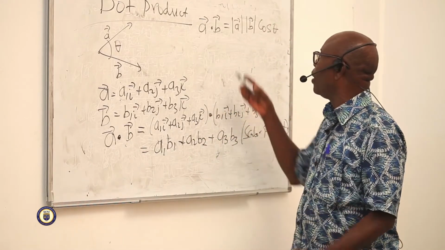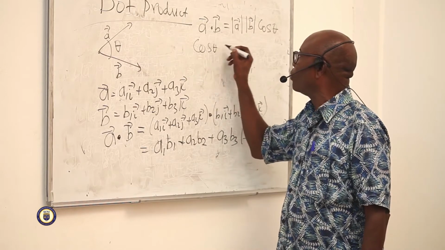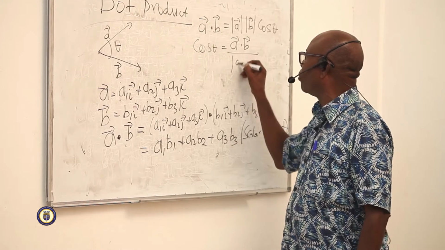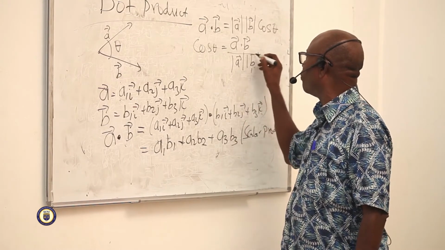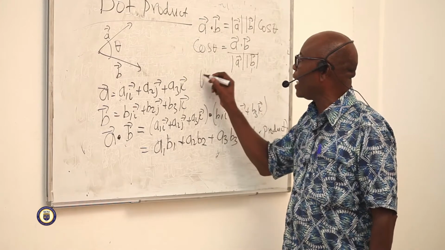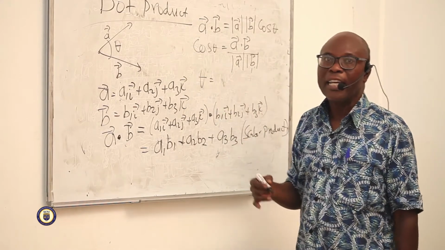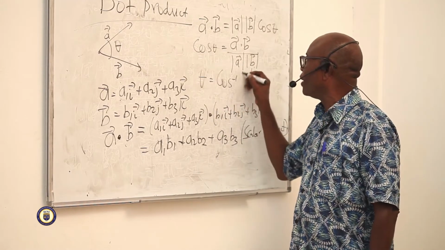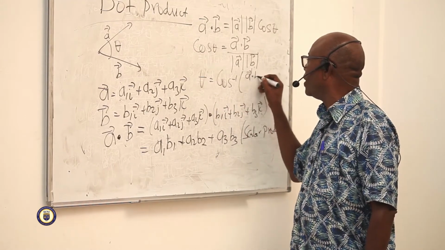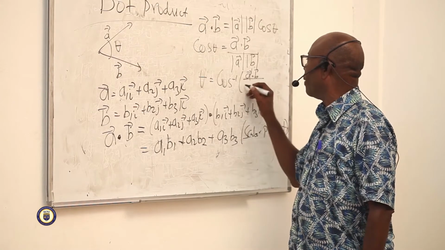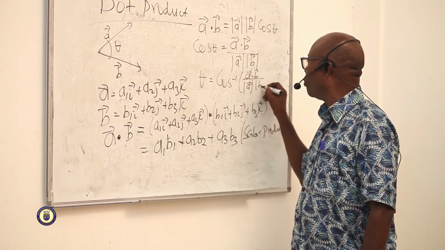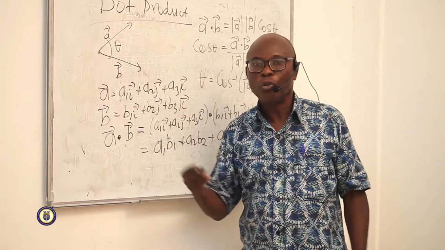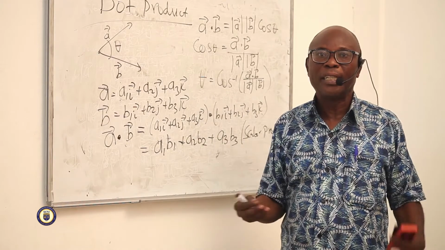From here, cos theta is given as A dot B, all divided by the absolute value of A times the absolute value of B. And so to get the angle theta, you have to find the cos inverse of A dot B all divided by the absolute value of A times the absolute value of B. That is how we are able to find the angle between two vectors.